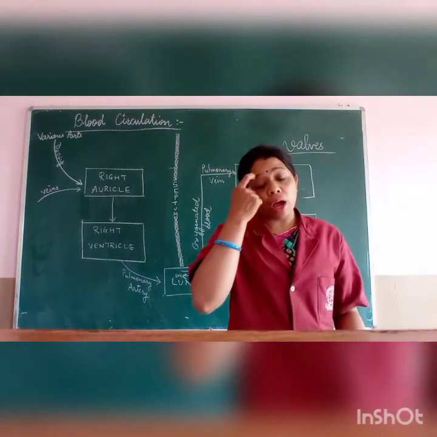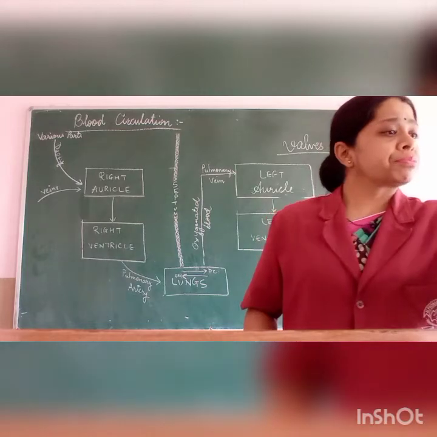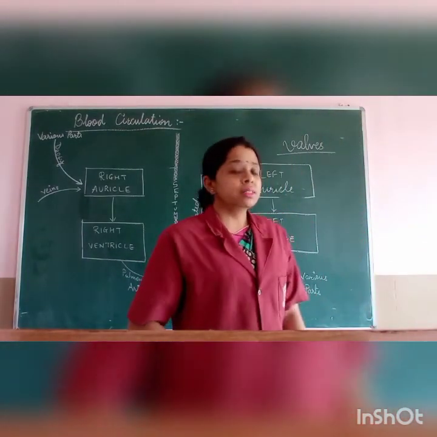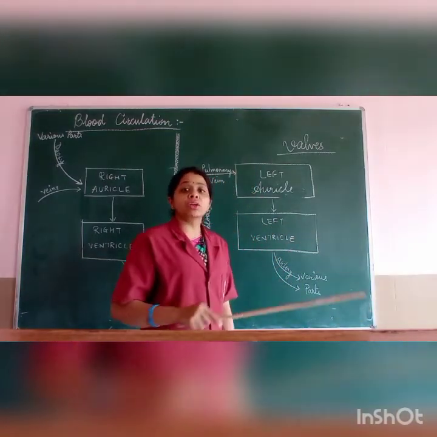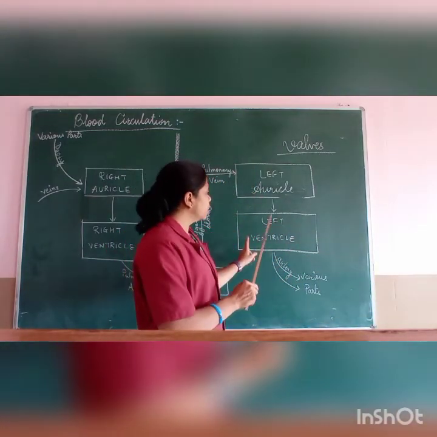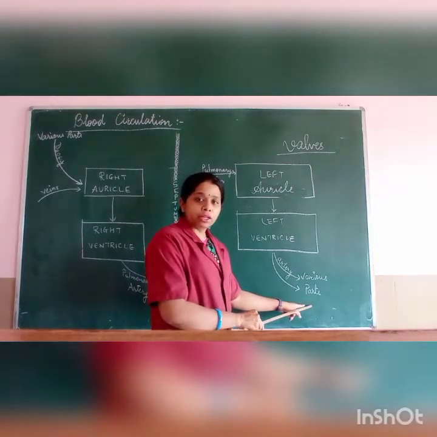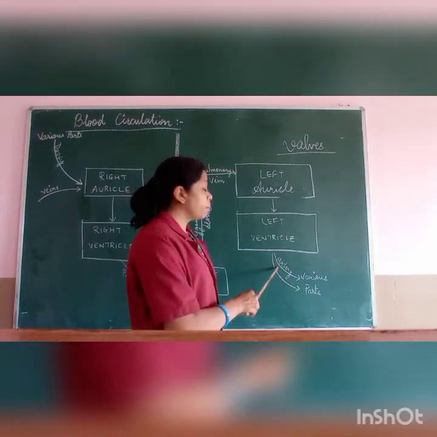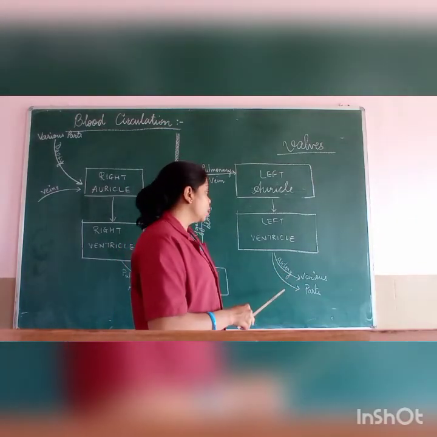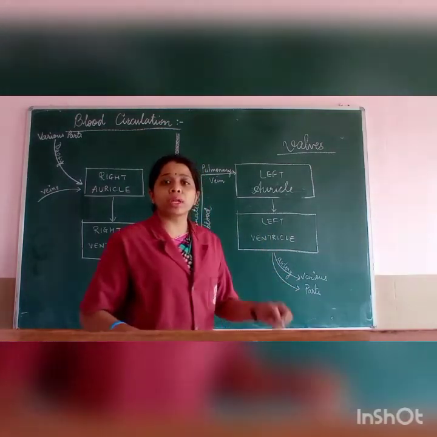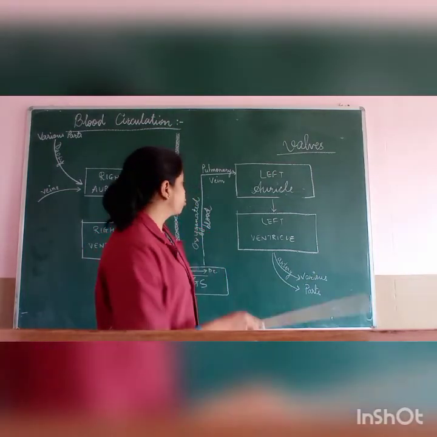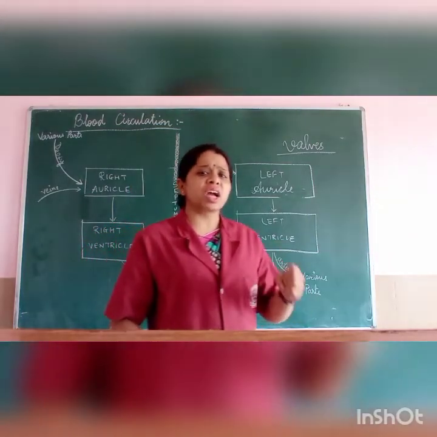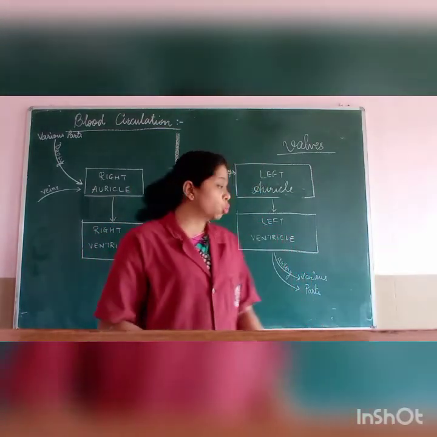Now, one more thing you have to remember. Whenever the left ventricle contracts, it sends the blood to various parts of the body through the arteries. When this is happening, the blood is passed at a very high pressure through the arteries.